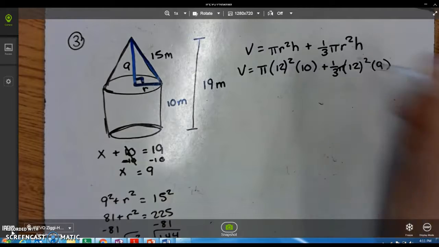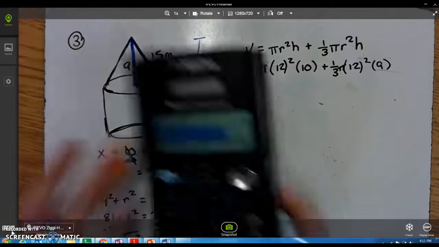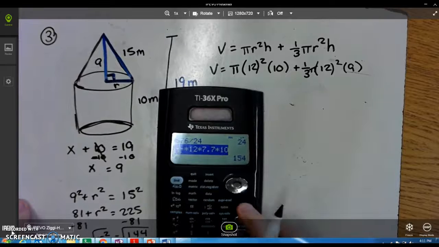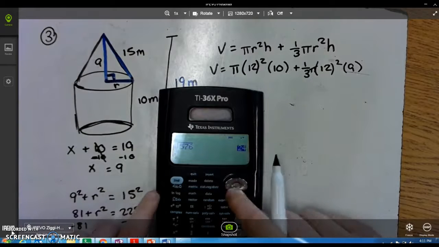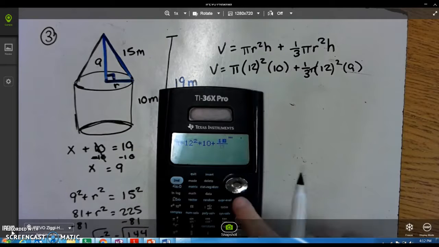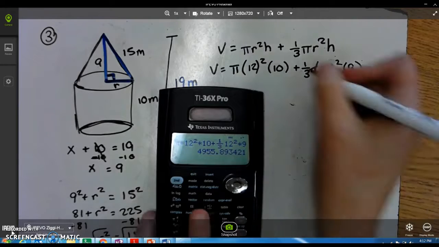Then let's put that in the calculator. Pi times 12 squared times 10 plus 1/3 pi times 12 squared times 9.